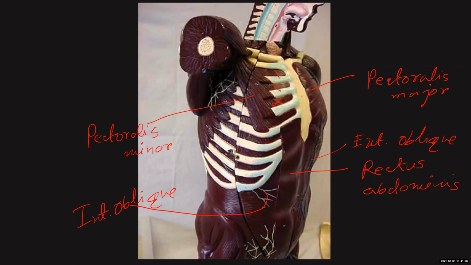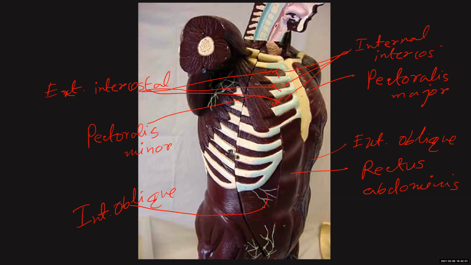Muscles that are attached between the two ribs are the external intercostal, and the deeper muscles, here too, are the internal intercostal.